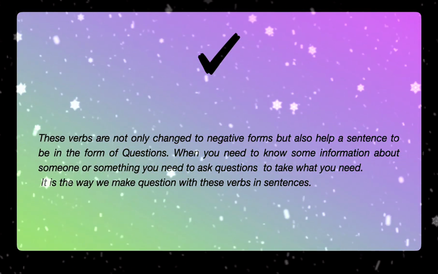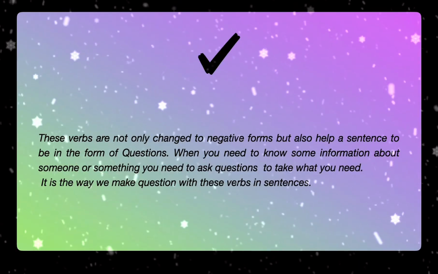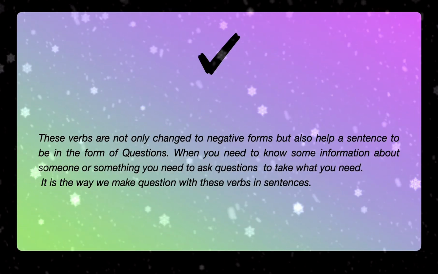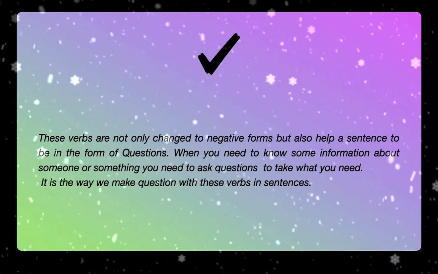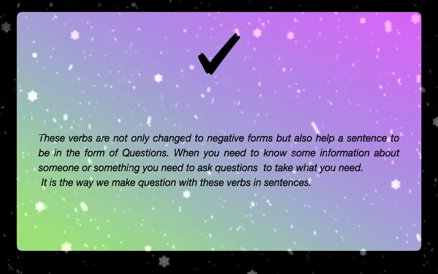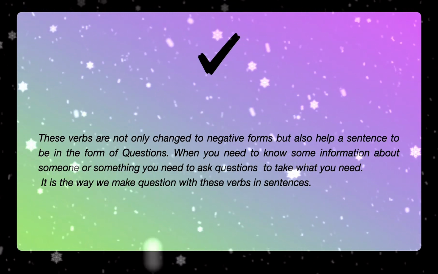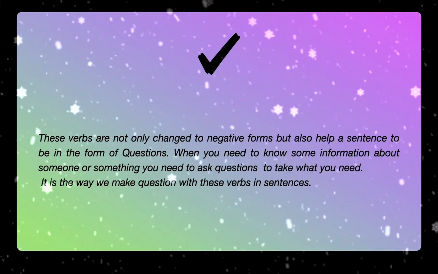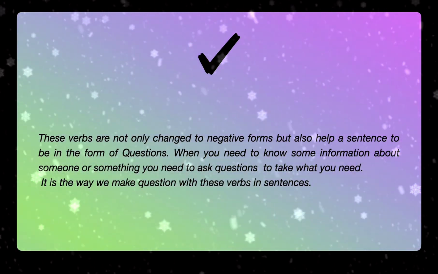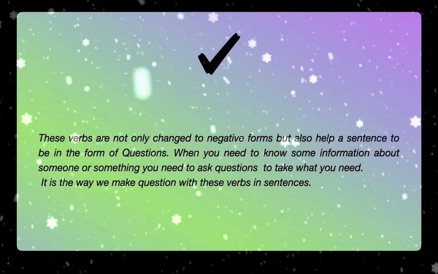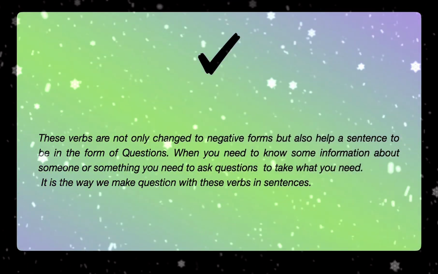These verbs are not only changed to negative forms but also help a sentence to be in the form of questions. When you need to know some information about someone or something, you need to ask questions to get what you need. The way we make questions with these verbs in sentences is going to be mentioned in the next slide.